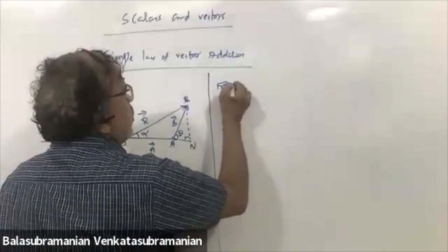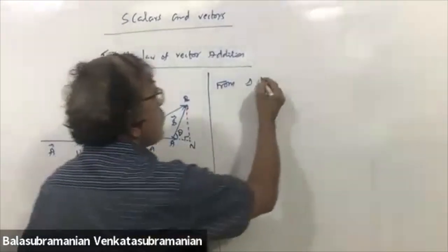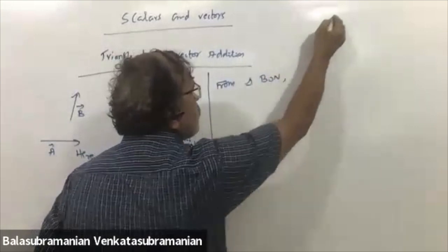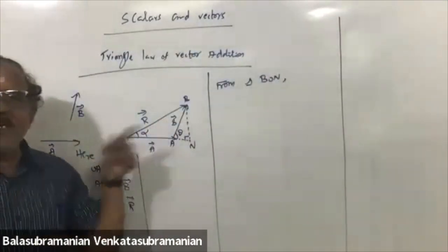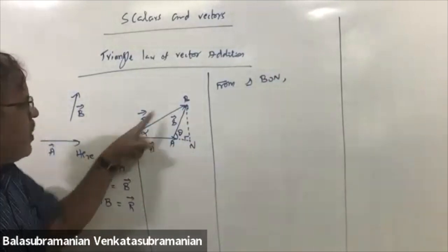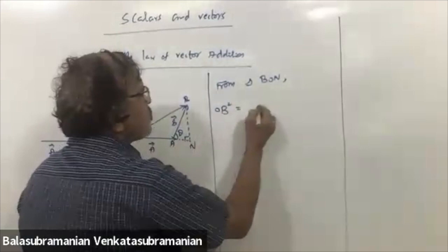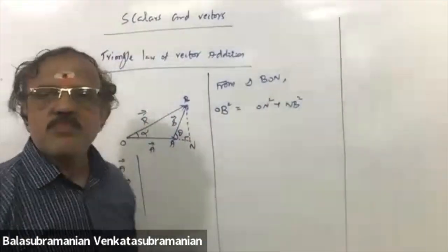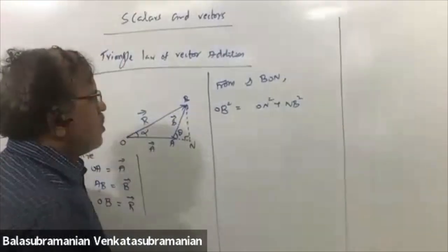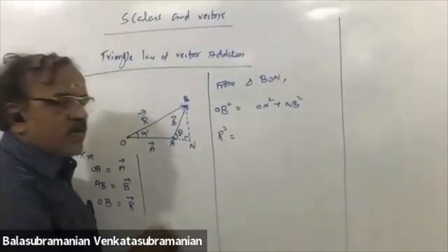From triangle BON, this is a right angle triangle. So I can write OB square is equal to ON square plus NB square. OB square is nothing but R square.